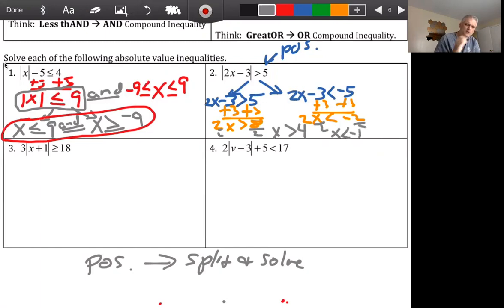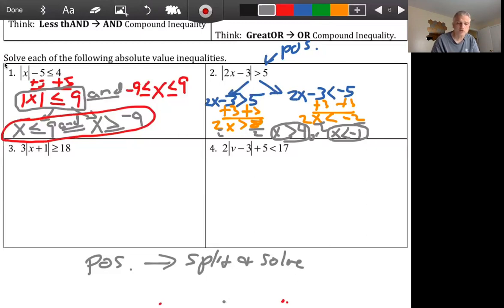Okay, so we got x is greater than 4. We got x is less than negative 1. So you can either ask yourself, is there any number that's bigger than 4, but at the same time less than negative 1? And you say no. So it cannot be an and, it must be an or. So you can write the word or in between there. So x is greater than 4 or x is less than negative 1.